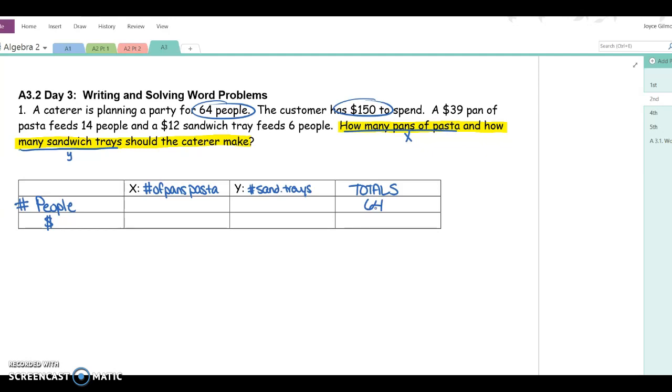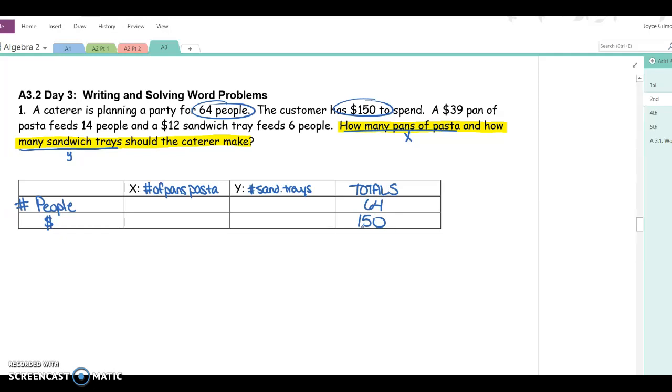The customer has $150 to spend. That is a total dollar amount. A $39 pan of pasta. So if we bought one pan of pasta, how much would we spend? $39. If we bought 2 pans of pasta, how much would we spend? 39 times 2.